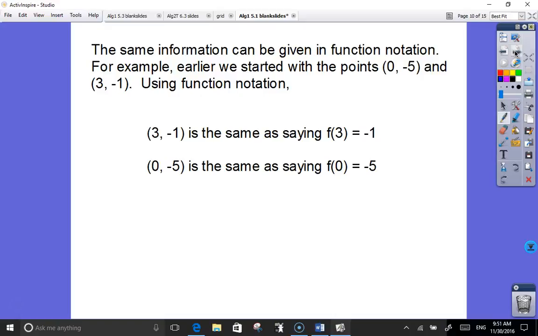Instead of saying we have the point 3, -1, it says that f of 3 equals -1. Or instead of the point 0, -5, it will say f of 0 equals -5. Those say the same thing. So if you get the function notation, write it as a point, because you're probably more comfortable with it.